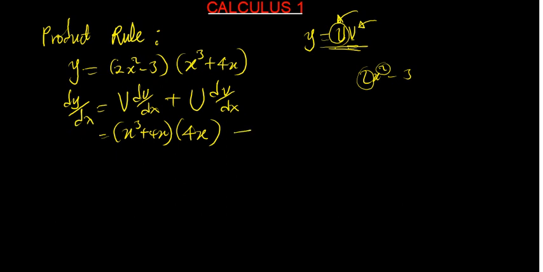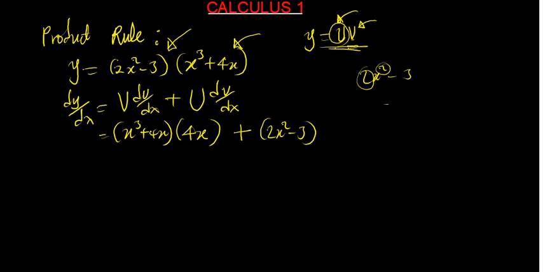And then plus, now you get the first part, that is our u, which is here. You just get it the way it is, that is 2x squared minus 3, and then you differentiate the second part. So the second part differentiated, what are we going to have?